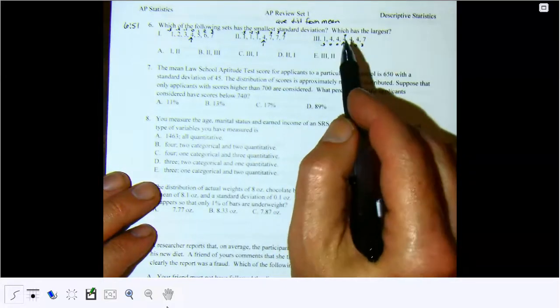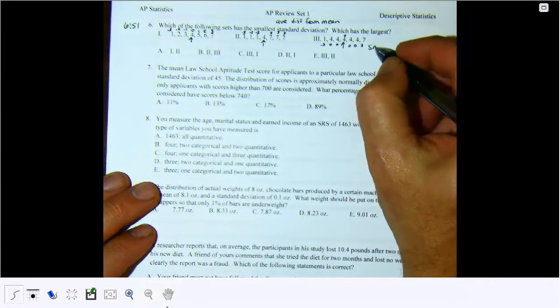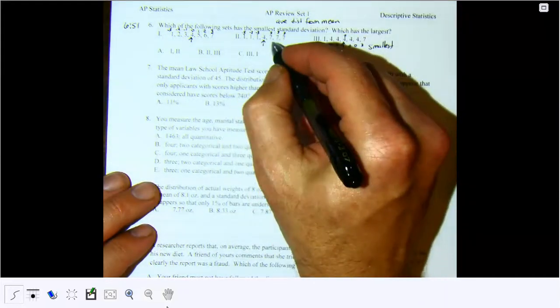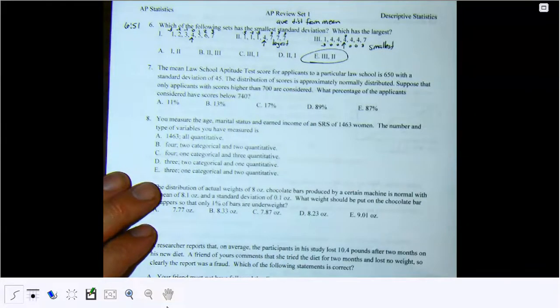Therefore, this has the smallest standard deviation. So 3 is going to check in with the smallest. And this one has the largest deviation because all of its pieces are further from the middle. The farther they are from the middle, the larger that standard deviation is going to be. So E is going to be my answer.